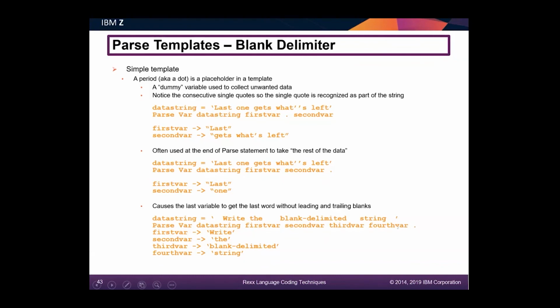That says do parsing between fourth var and the rest of the data, and the value of fourth var gets cleaned up with the blanks gone. It's perfectly valid to use a dot or any other variable here if there's no data left. That is not a syntax error. It just means there's no data assigned to it, but it does do this one more level of parsing.